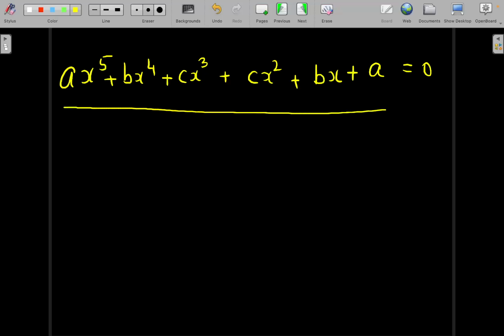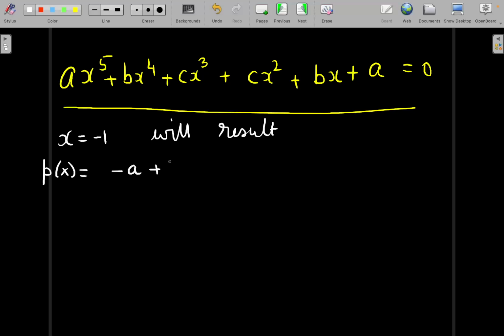Now notice one simple observation: x equal to minus 1 will give us a nice pleasant surprise. The polynomial p of x will be equal to minus a plus b minus c plus c minus b plus a, and you can see that all the terms get cancelled and this is equal to 0.